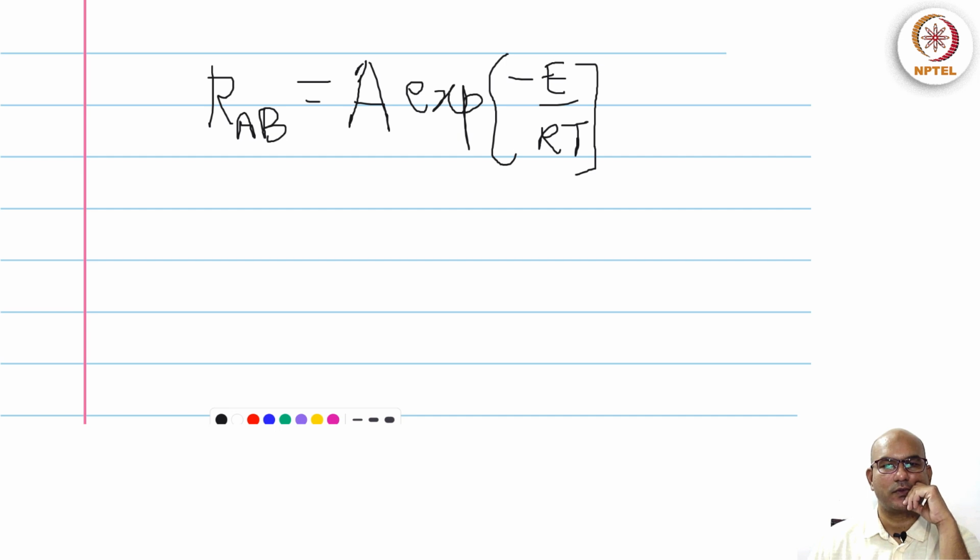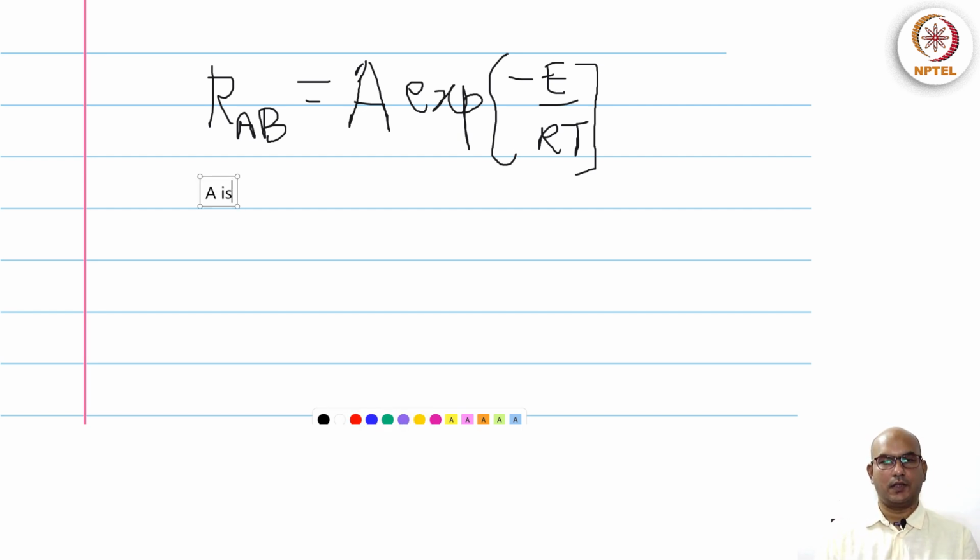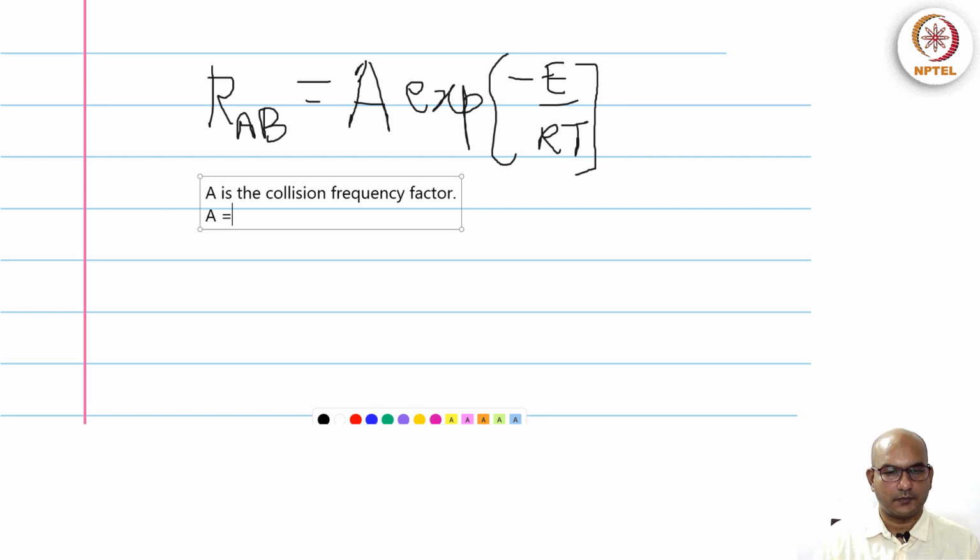So A is the collision frequency factor. So A is basically the frequency of reaction.